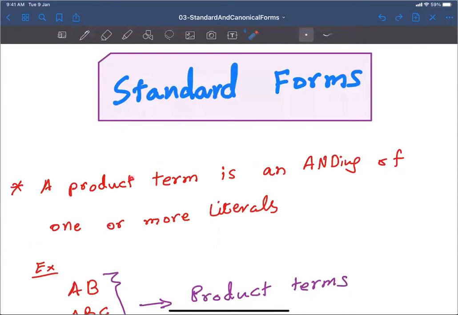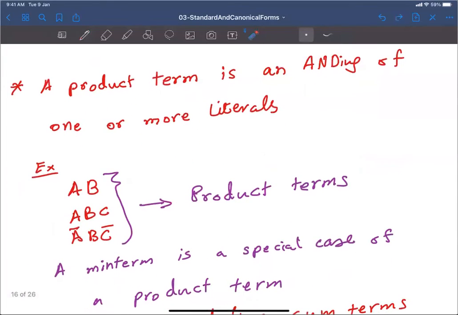A product term is an ANDing of one or more literals. These are examples of product terms: A, B, A B C, A complement B C complement. We don't care whether the literals all show up or not.